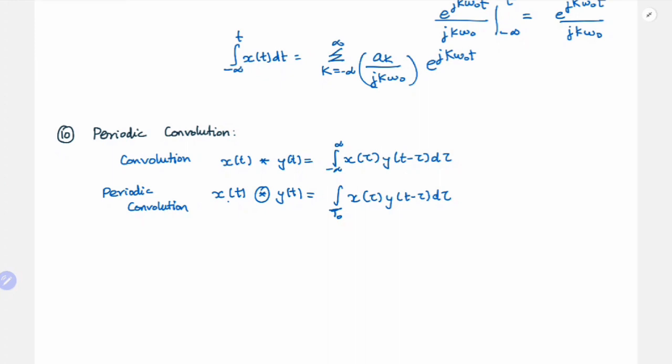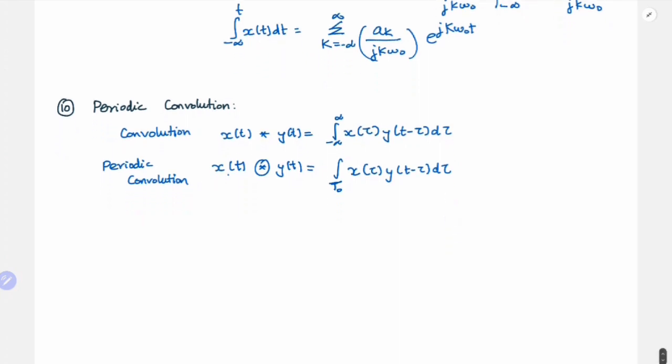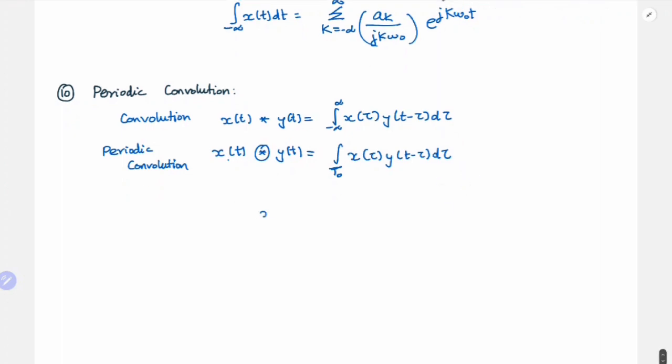It can be minus t naught by 2 to t naught by 2, or 0 to t naught, and so on. So now let's see what happens to this in terms of Fourier series coefficients. x of t has Fourier series coefficients ak, and y of t has Fourier series coefficients bk.